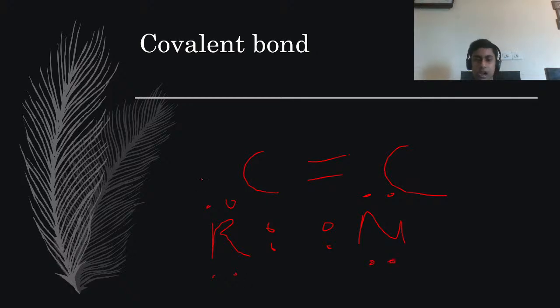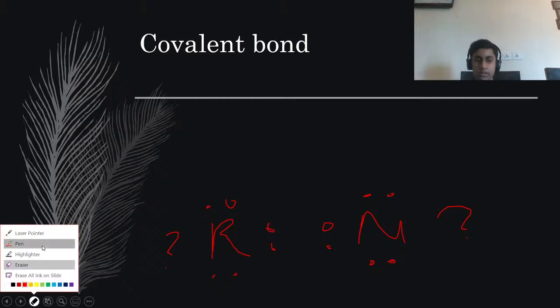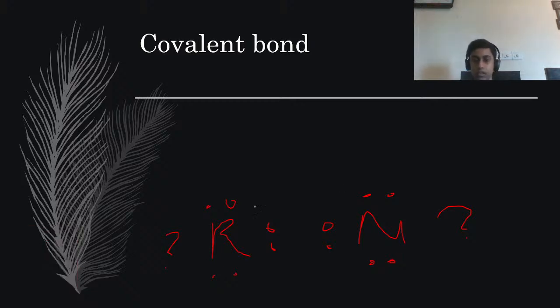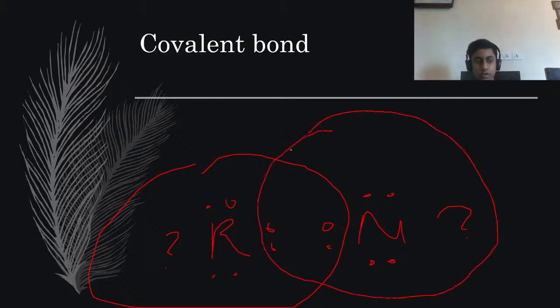Now, Ram and Mohan need 2 electrons to become stable. So what will they do now? Will they give away the electrons? No, that's not possible, because if Mohan gives the electrons to Ram, Mohan would not be able to achieve the octet, and the same applies to Ram. So they share the electrons. This kind of bonding is known as a covalent bond.